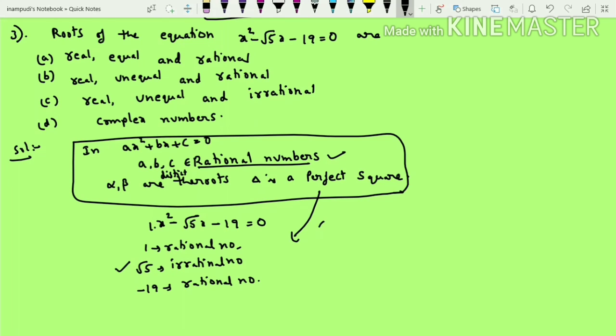Actually we can determine delta. Delta means b square minus 4ac. b square means root 5 whole square, minus 4 into 1 into minus 19.